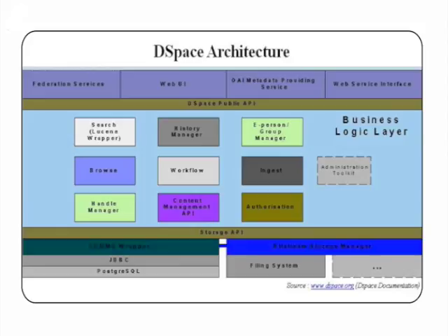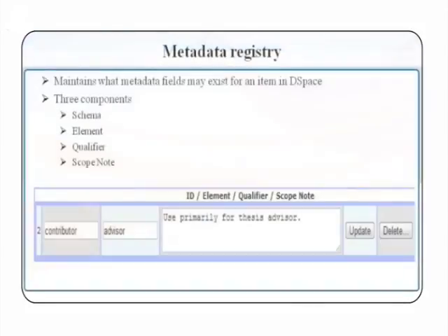The bottom layer, the Storage API, has two major components. One is the Relational Database Management System wrapper, which connects to an RDBMS like Postgres or Oracle through Java database connectivity, and the Bitstream Storage Manager, which directly interacts with the file system to store bitstreams.